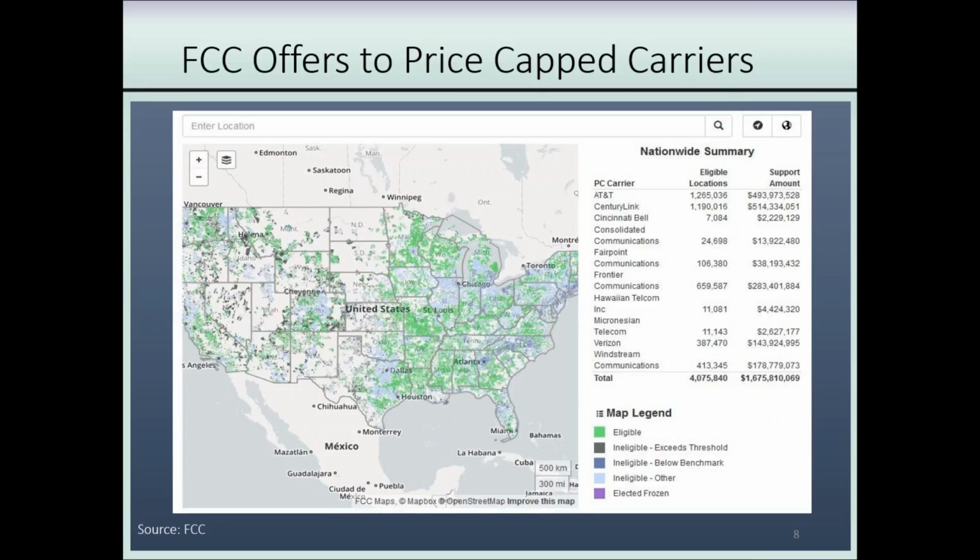And a little over a year ago, the price caps made selections for about $1.7 billion of annual support, which is still a fraction of the universal service funds from which the Connect America Fund is funded. So it looked like everything had been spoken for.